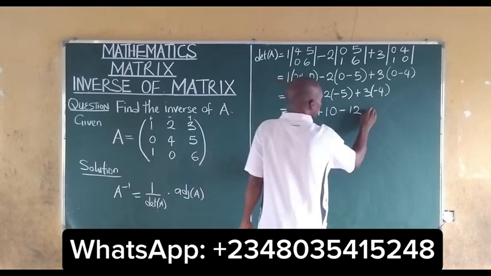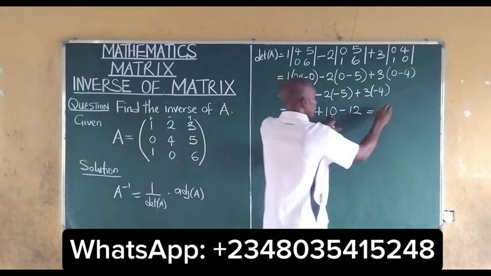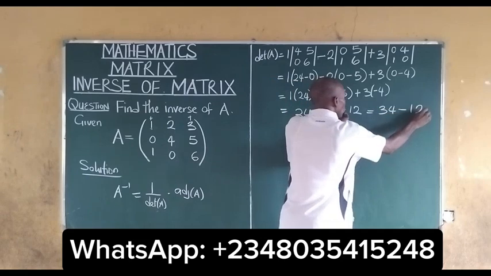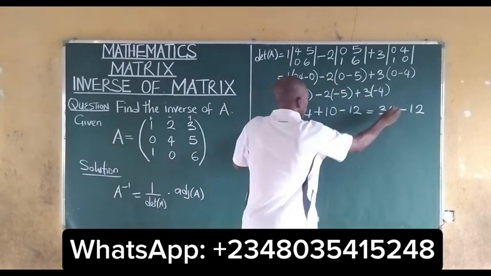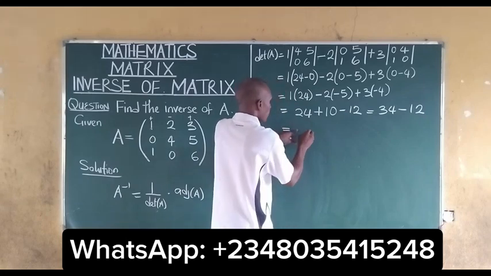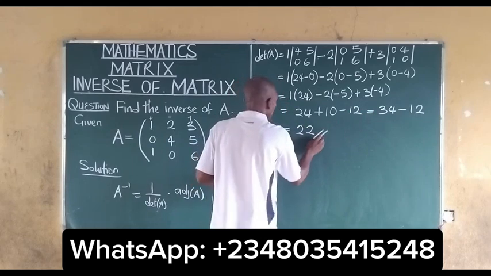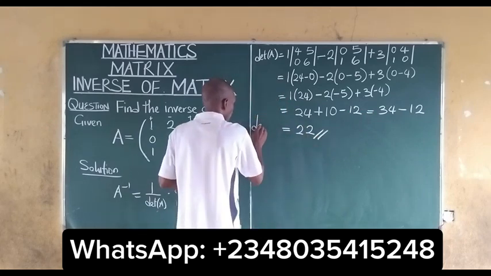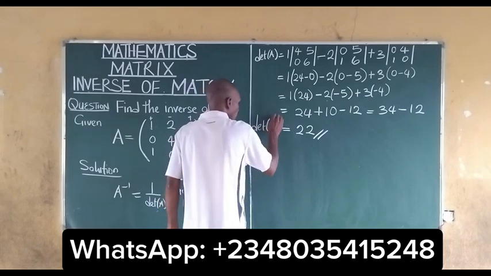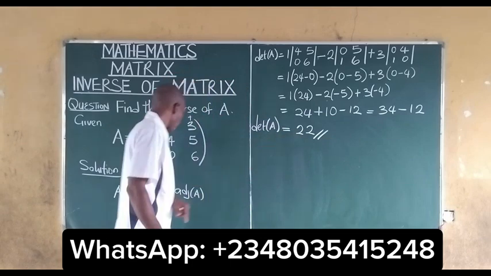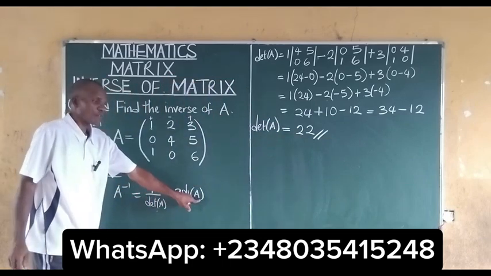So we have 24 plus 10, which is 34, minus 12. So our determinant of A is equal to 22.